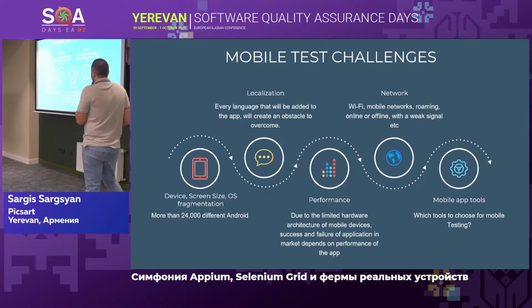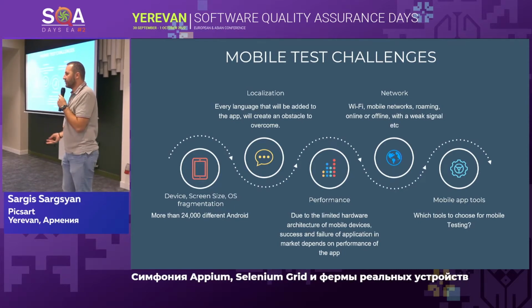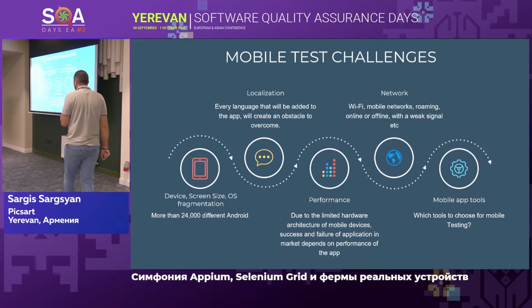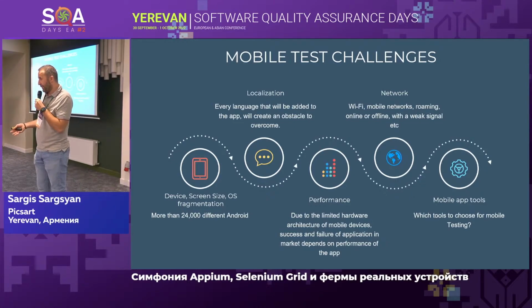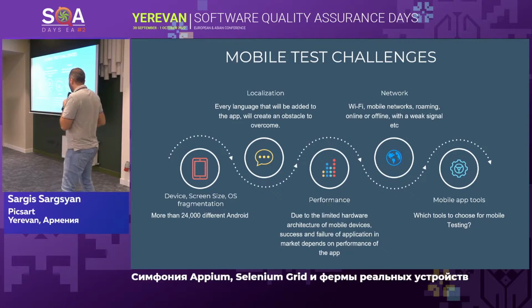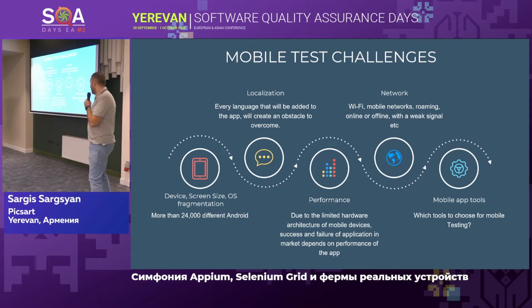Good. Before presenting the solution, I would like to go through the challenges that we have in mobile testing. In mobile testing, things are super different compared to web or desktop. Here we have a strong dependence on the device screen, OS fragmentation and so on, which makes testing more complicated.